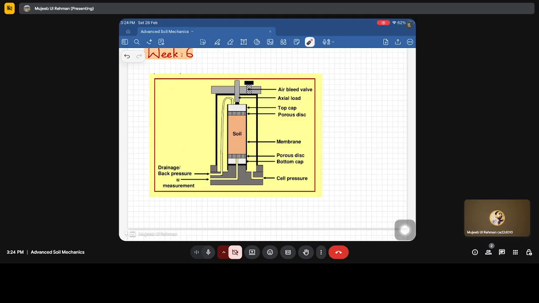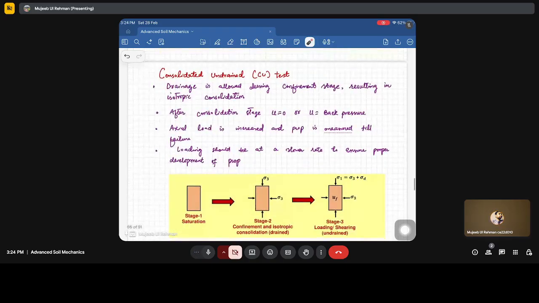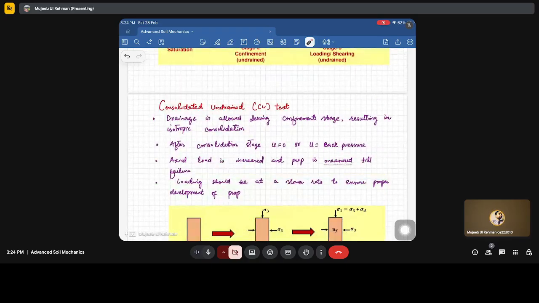When we are applying the back pressure, or the pressure from the top, it needs some time to get equilibrated in the sample, and then only it will reflect some measurement at the pore water pressure transducer here, which is connected at this point. So it needs some time for the pore water pressure to get equilibrated, and that's why this test has to be performed at a slower rate.